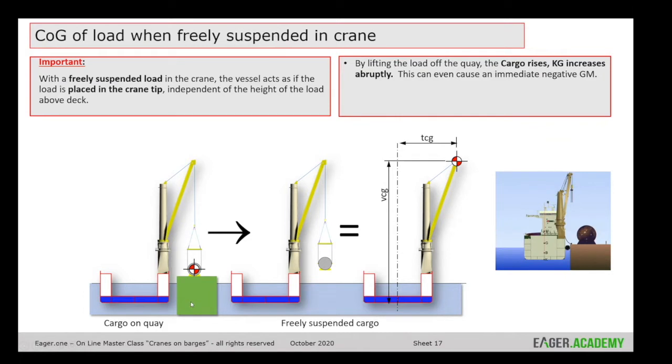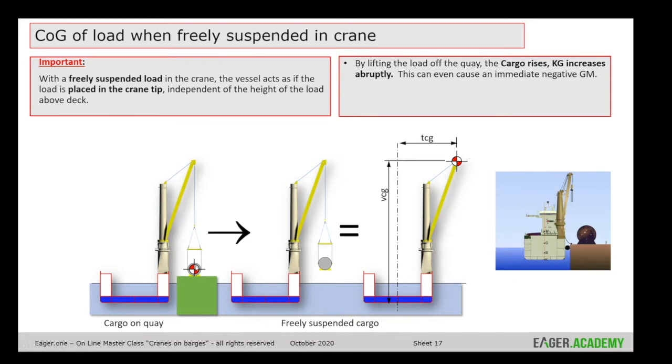can be calculated. One of the things, and that's important for this presentation, one of the things that we should always remember is that as soon as we start lifting, either with a fixed crane on the vessel or with a mobile crane on the vessel, the position of the center of gravity of the whole system will abruptly change when you pick up the load.